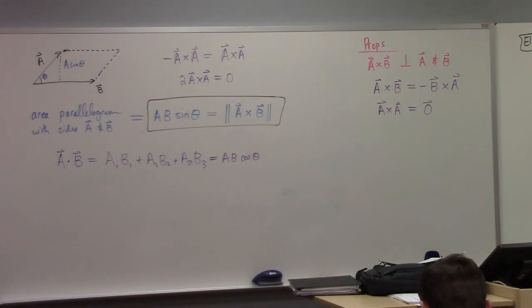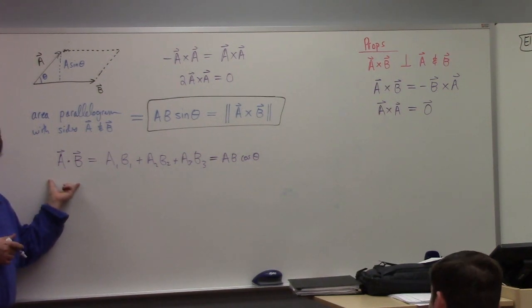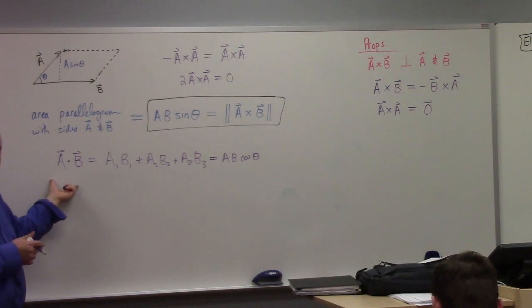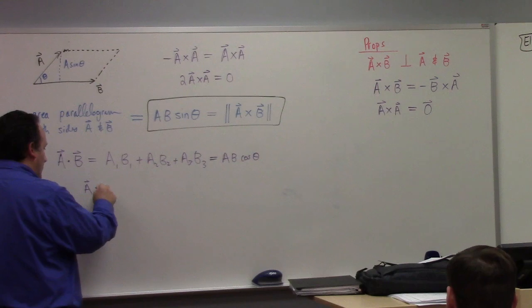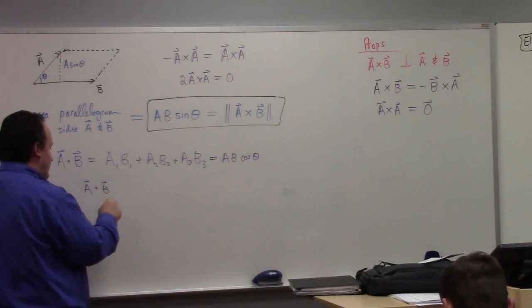So if we're thinking about contrasting the dot product and the cross product, they're very similar in some regards, right? What are the properties for the dot product? Did we ever talk about it? But also, how about this?